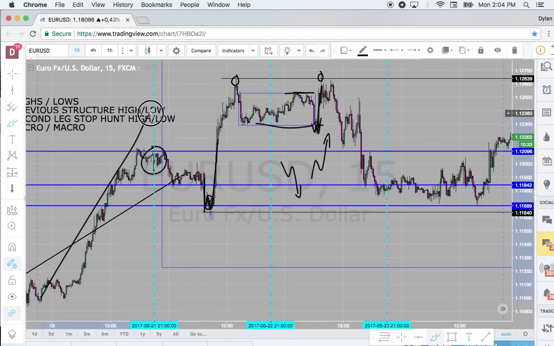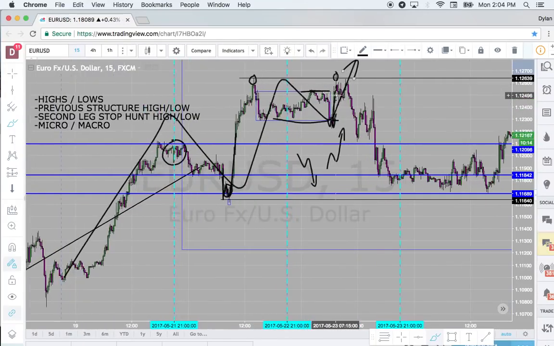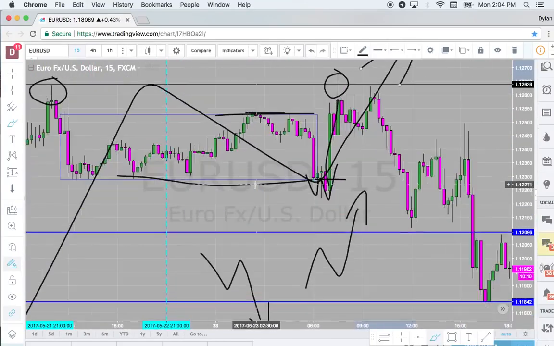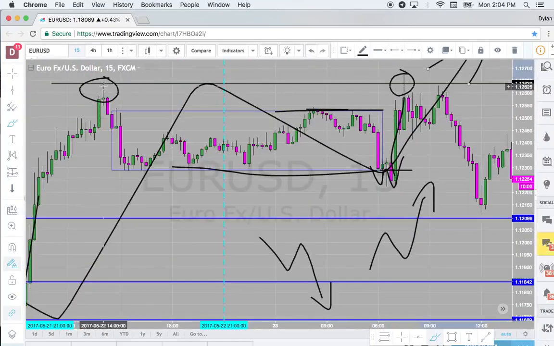Well, we can see it here. We think that retail traders see price going up, continuing the uptrend, just because, well, number one, we are in an uptrend, and number two, because the high here was broken.